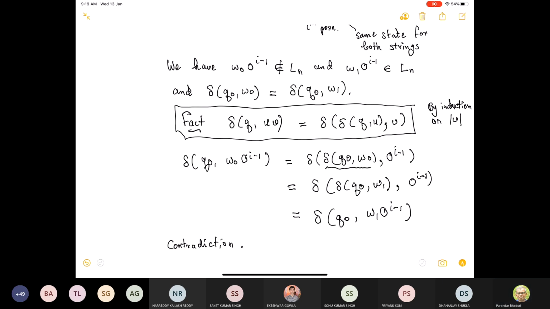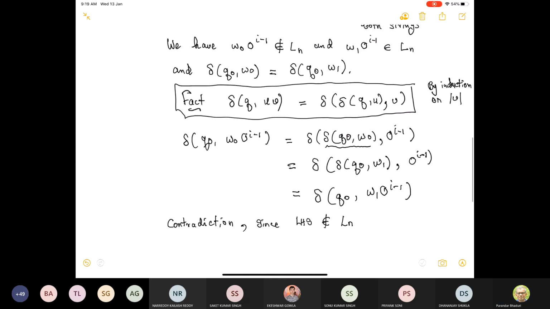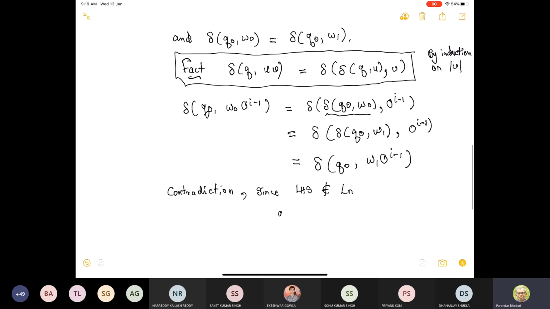Why? Since the left-hand side does not belong to Ln, and the right-hand side belongs to Ln.